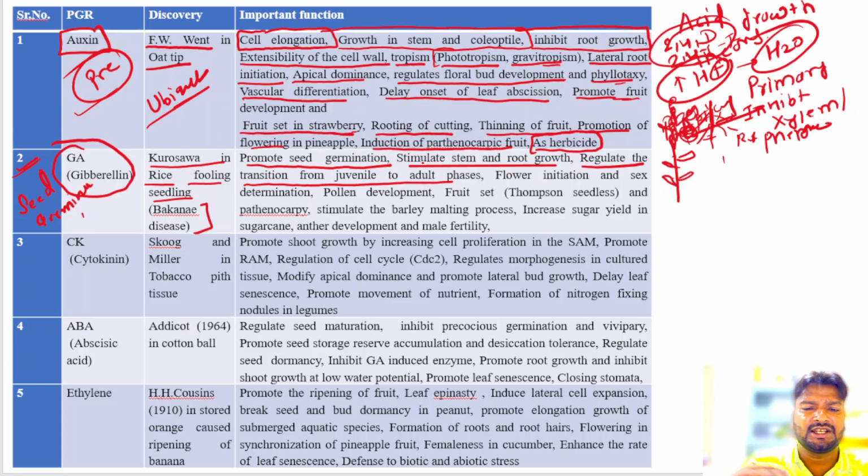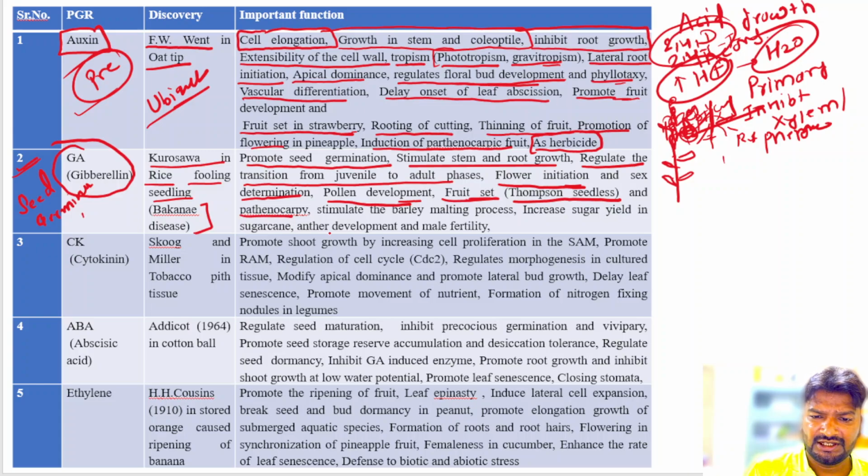This means the phase change from juvenile to adult, in this gibberellin is important. Then flower initiation, whereas auxin is for flower bud development and sex determination. Mainly it promotes male flower or pollen development. Okay, then fruit set, the Thompson Seedless variety is due to gibberellin, and parthenocarpy, the same as auxin.